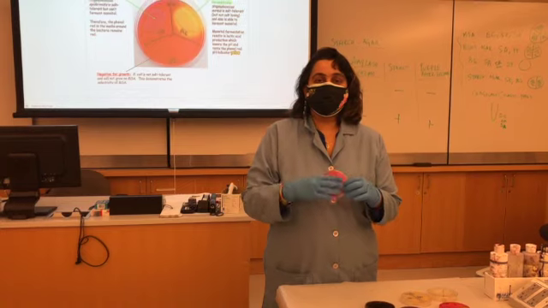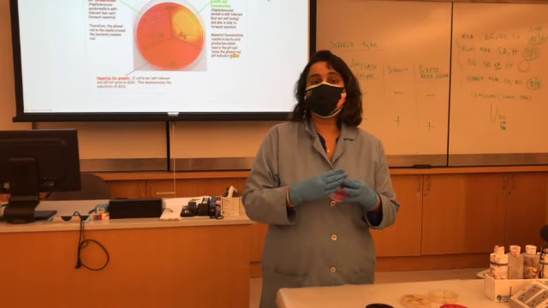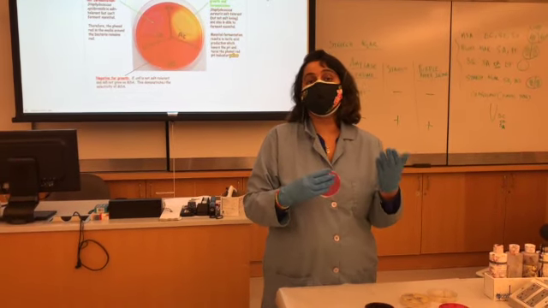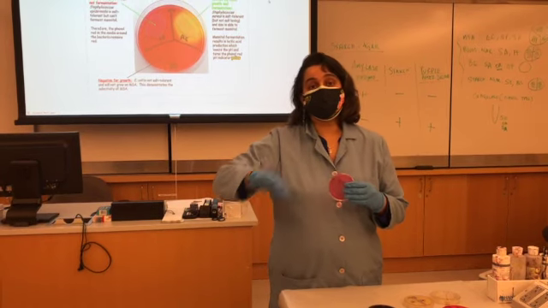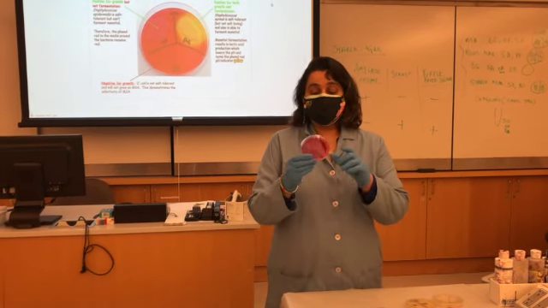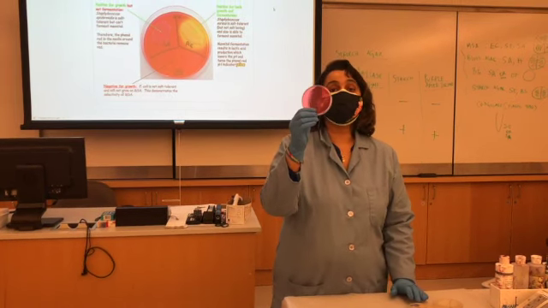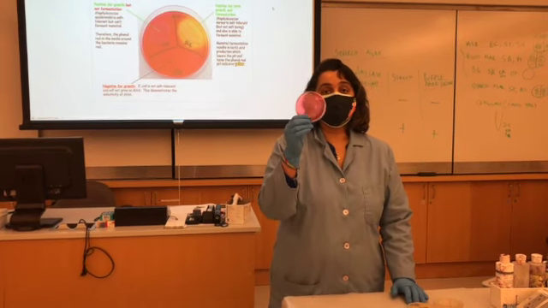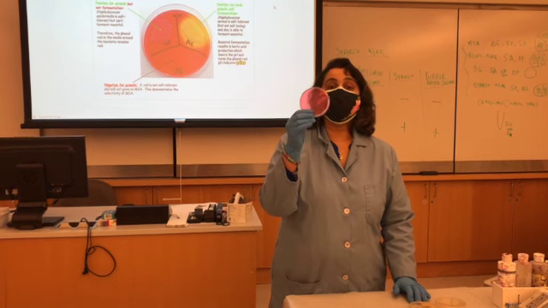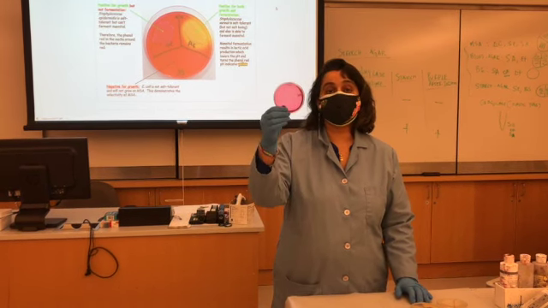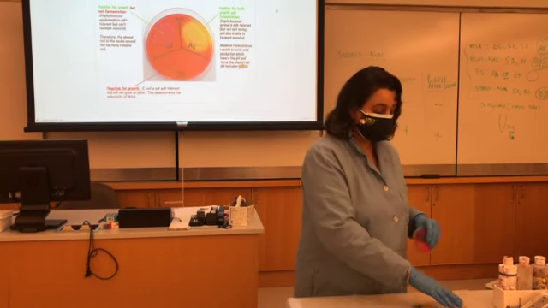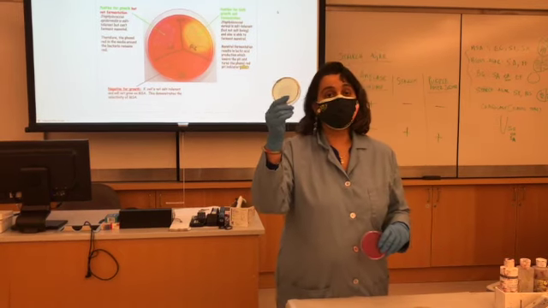Selective media, as the name says, selects for the growth of one specific kind of microorganism and it restricts the growth of others. So this mannitol salt agar, as the name says, has salt in it. Sodium chloride is given at 7.5%, which is more than the usual sodium chloride that is found in the TSA media.